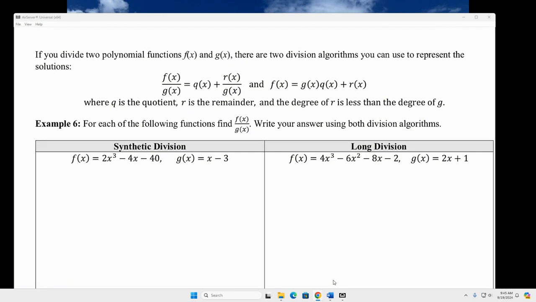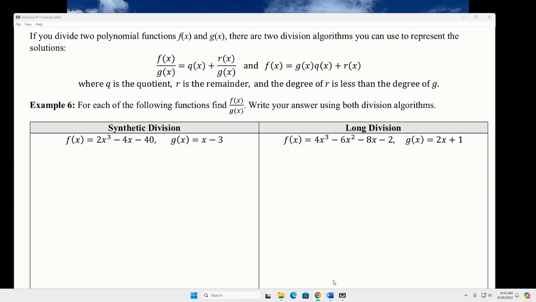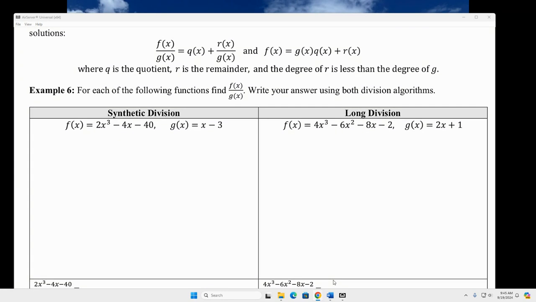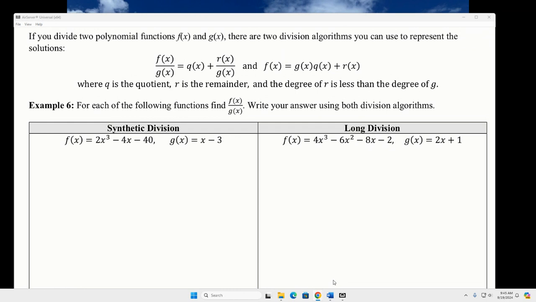Before we start finding slant asymptotes, we do need to know how to divide polynomials. When you divide polynomials, you have 2 options: synthetic division and long division. Synthetic division is great. Even though it looks like there are a lot of steps, that's only because it's really difficult to articulate what you do.